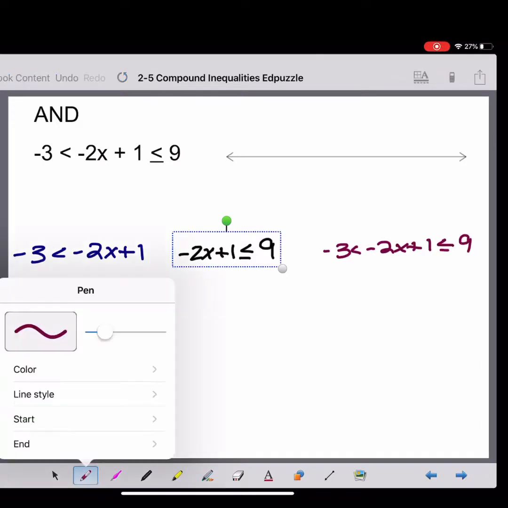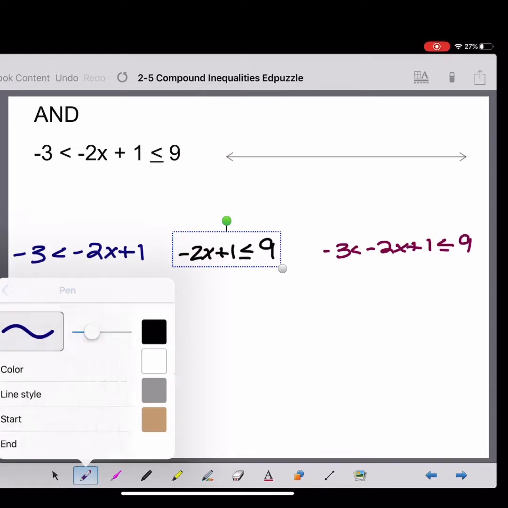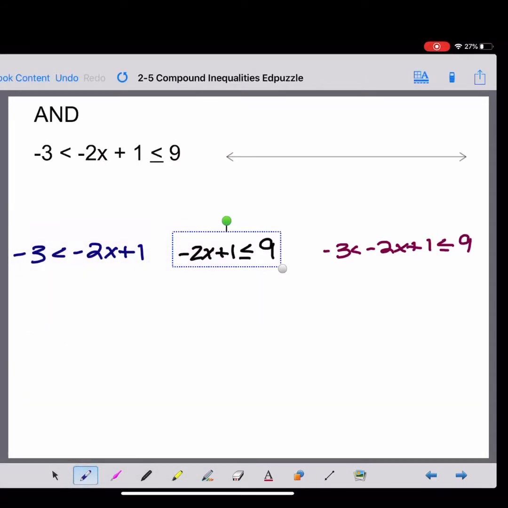So if we separate them, if I am solving for the left side of the inequality, I'm solving just like we've been doing all year. Normal 2-step inequality. I subtract 1 from both sides. And then I divide out by -2. I am dividing by a negative, so I'm going to flip my inequality. So 2 is greater than x.